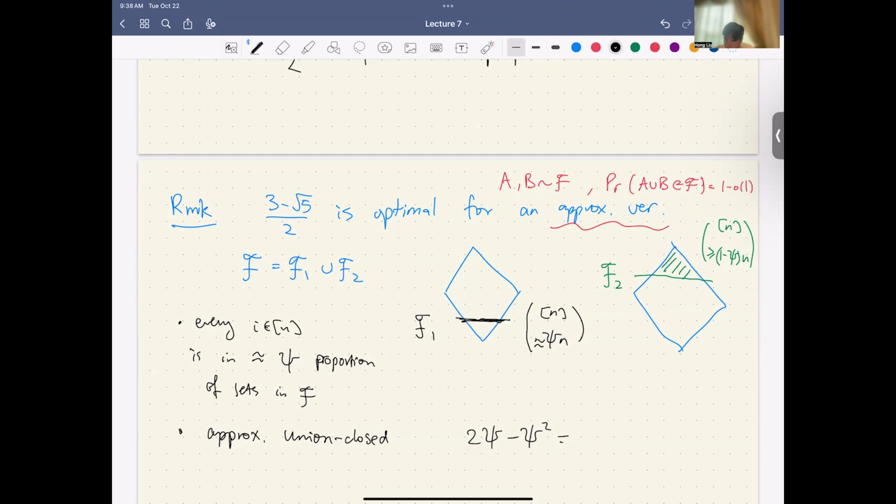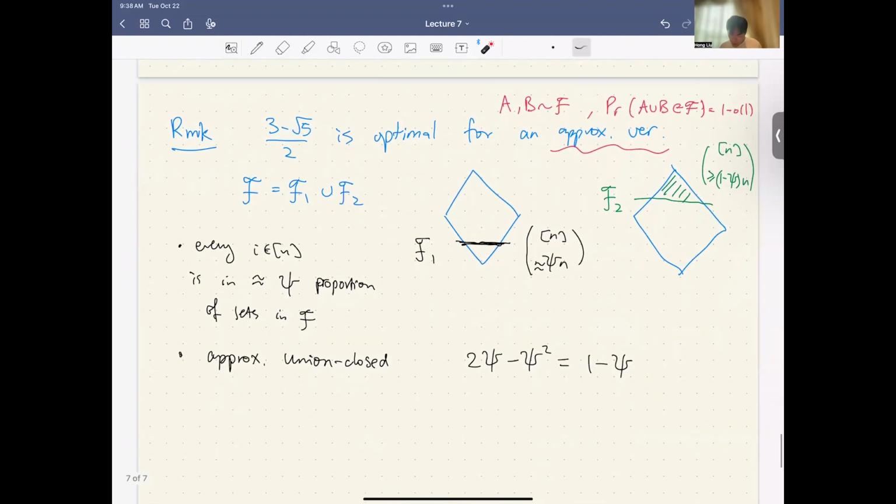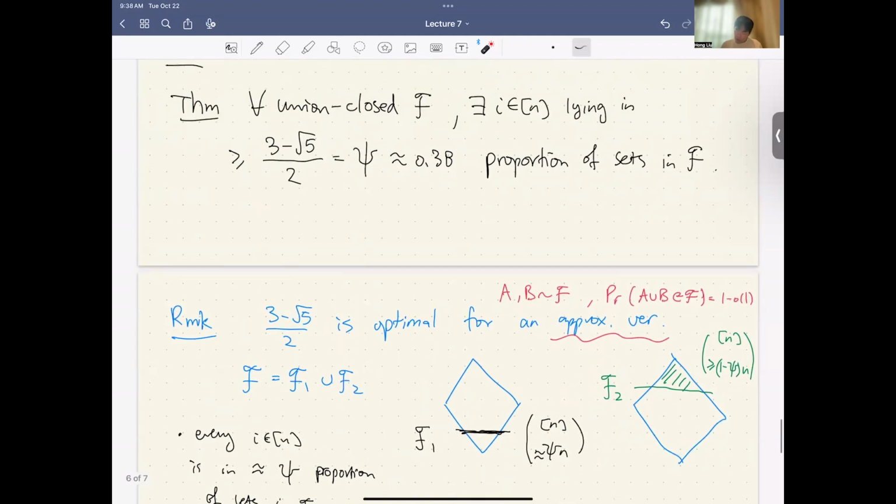This equals 1 minus phi, okay? Which is the cut line here. So when you uniformly randomly take two sets here, the union will have size in this green region. That's why it's approximately union closed. Okay, that's just a remark.